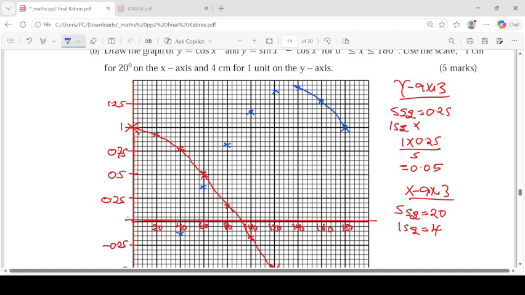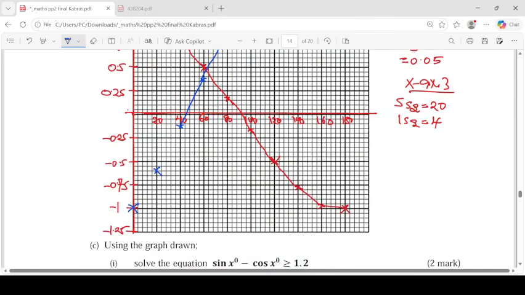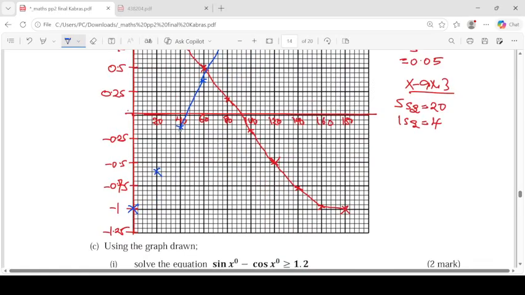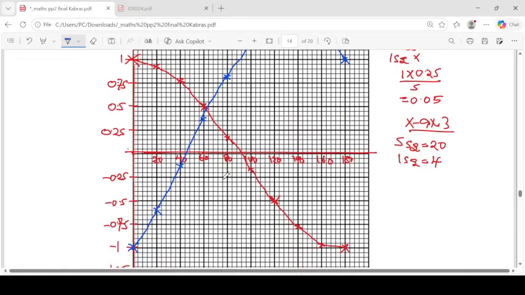We can now have the curve well drawn. You can see how my curve is behaving. That is my curve. So we are done with it.